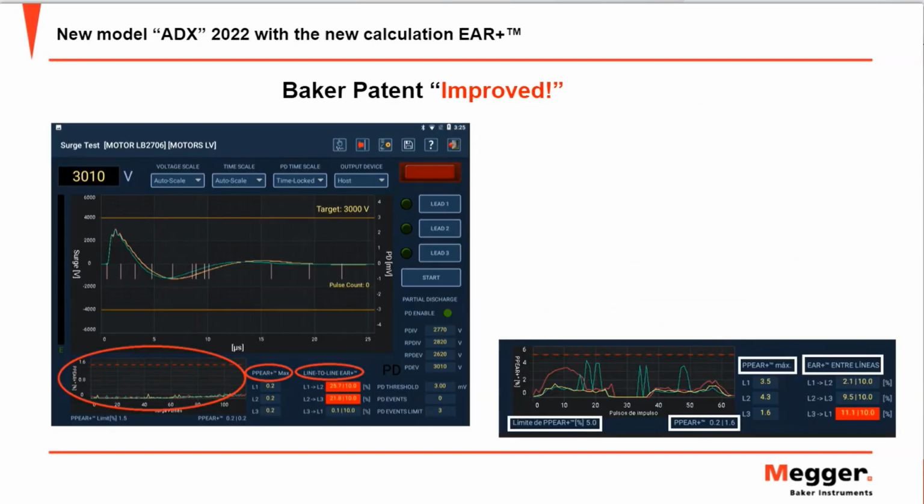And now this year we have the new ADX with a new calculation, EAR plus trademark. So the Baker patent was improved. So this is the screen. Here you have the waveform, and in real time we have the pulse-to-pulse error.